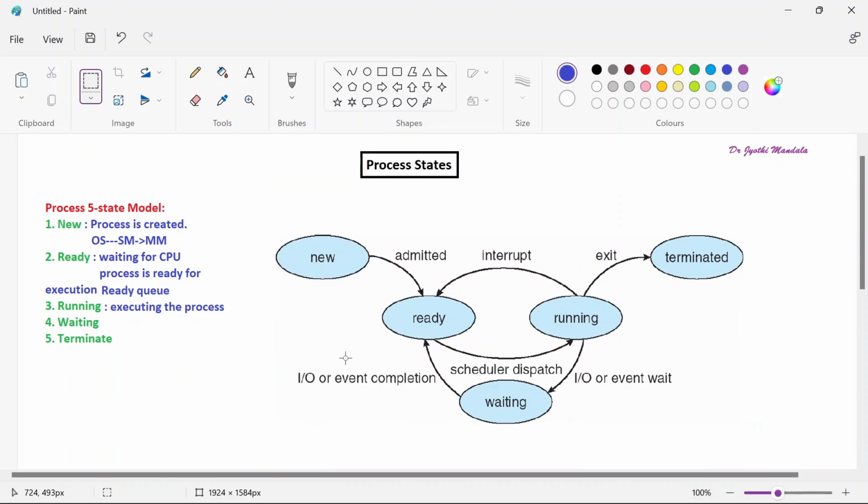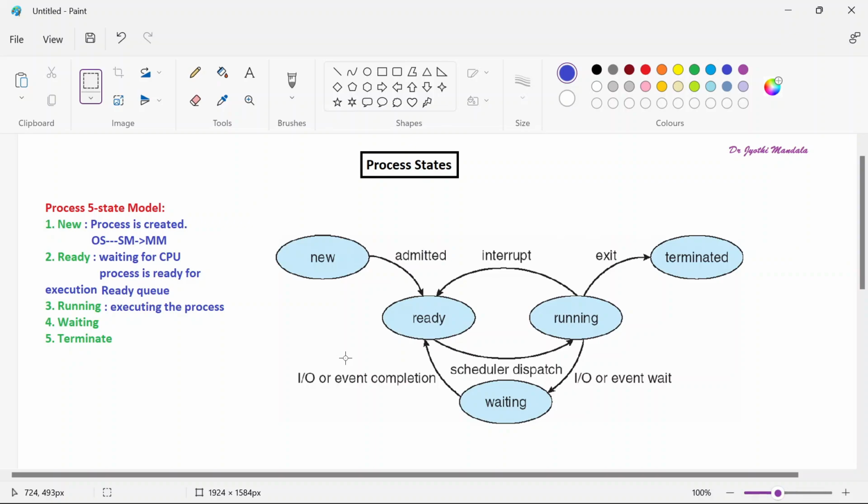You can see here it is representing 5 states, starting from the new state to the terminate state. All 5 states are represented with an ellipse shape.